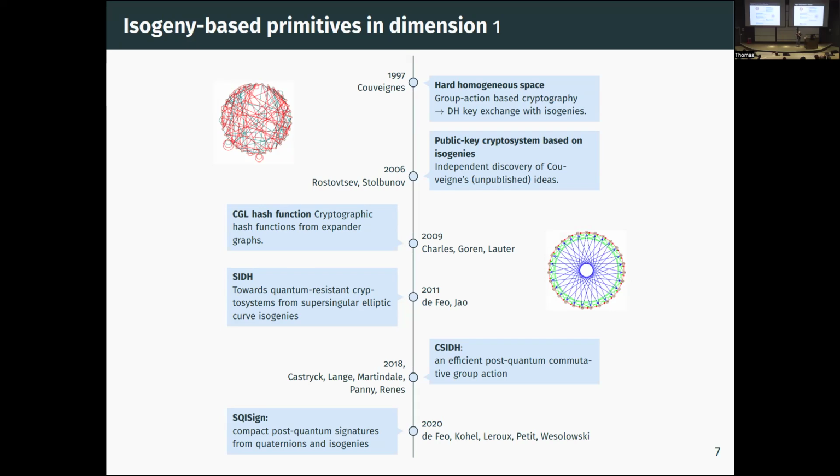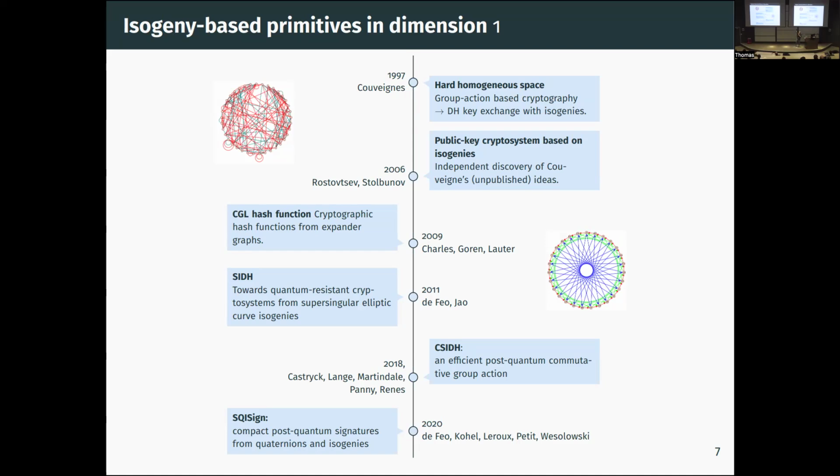However, this hasn't been published, and a similar idea was rediscovered independently by Rostovtsev and Stolbunov. These group action-based schemes all work with this nicely looking graph that we already saw two slides ago, the one on the right-hand side. This has to do with the fact that we have a commutative group action sitting behind this.